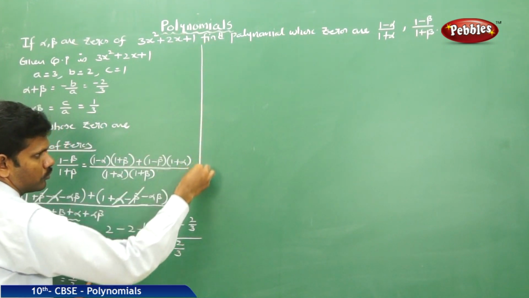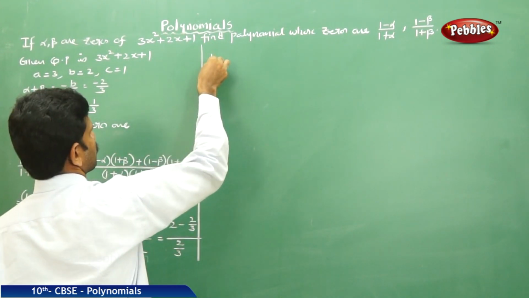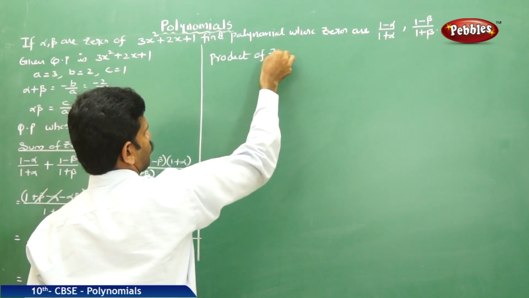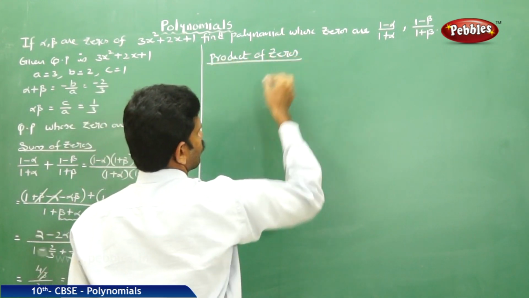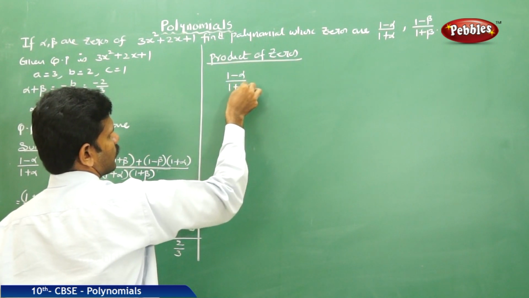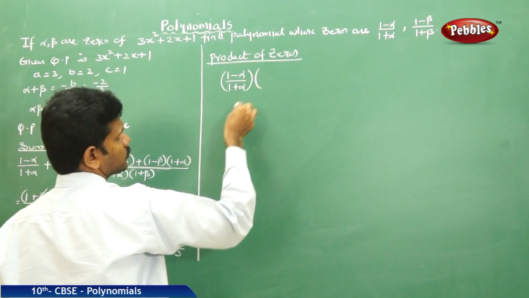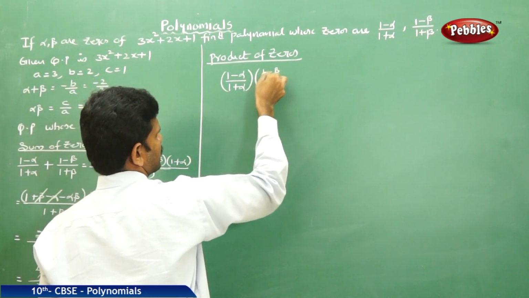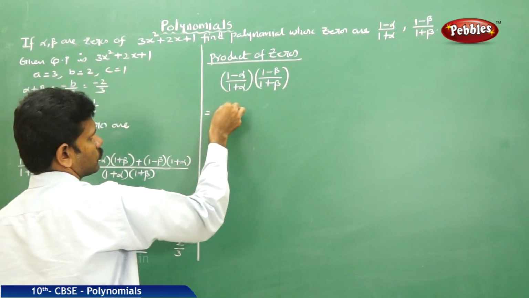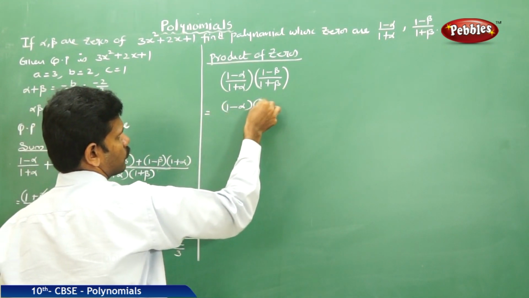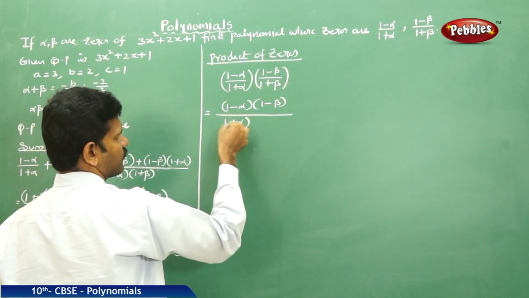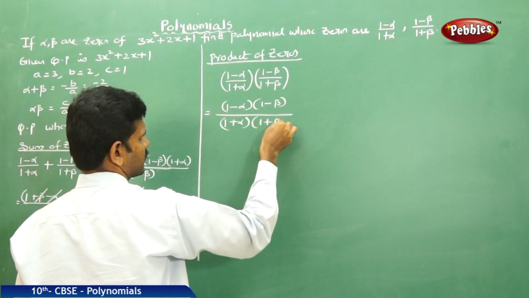Now the product of zeros: 1 minus alpha by 1 plus alpha into 1 minus beta by 1 plus beta. Now that is equal to 1 minus alpha into 1 minus beta by 1 plus alpha into 1 plus beta.